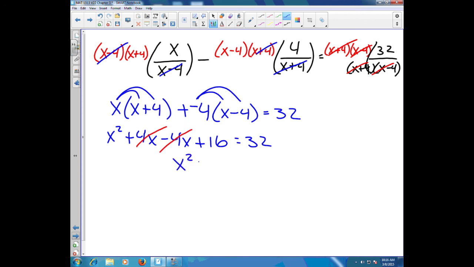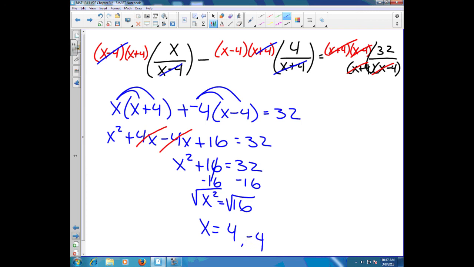And we're left with x squared plus 16 is equal to 32. Notice this is a quadratic equation, but we can solve it using the square root property. So just subtract 16 from both sides. You get x squared is equal to 16. We can then take the square root, and we get x is equal to 4 and negative 4.